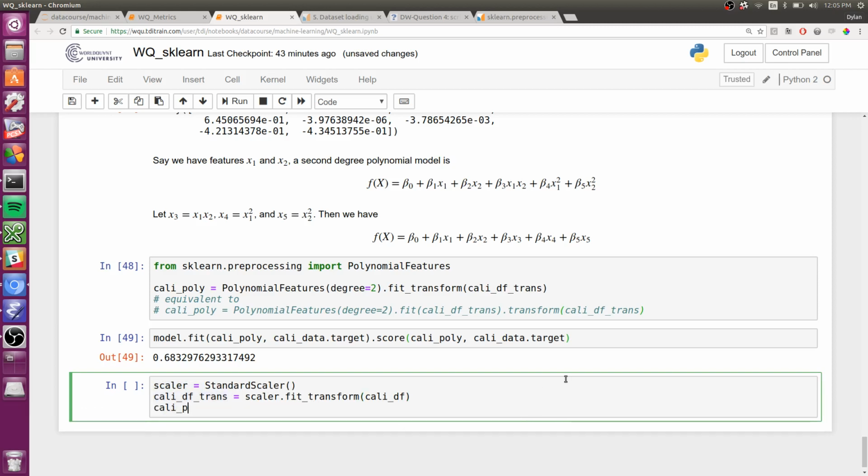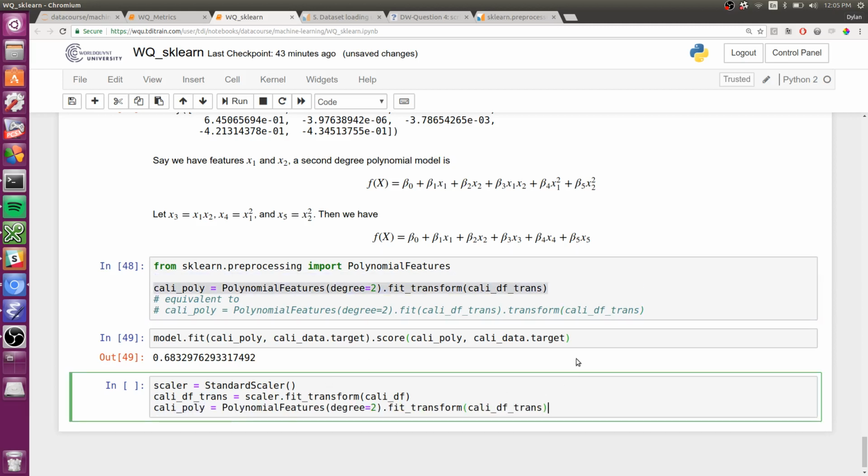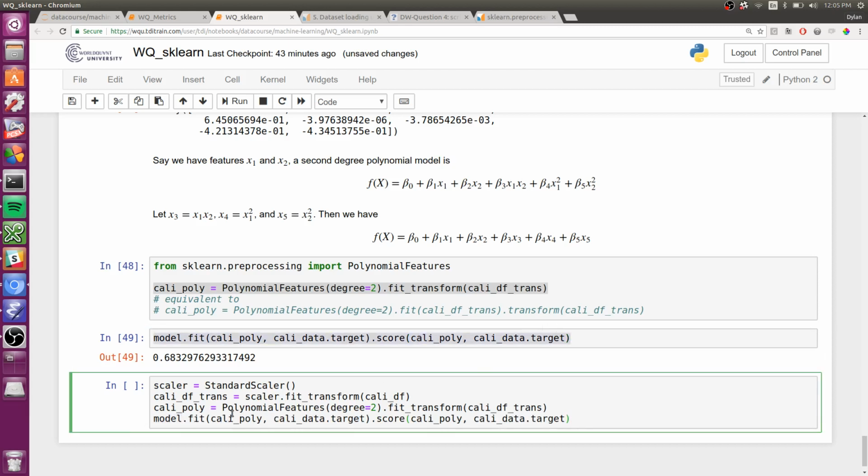And then we made this Cali poly data frame. And then finally, we fit what we call the model to Cali poly. But this is a lot of intermediate data structures. You know, we started off with Cali DF, and then we made Cali DF trans, and then Cali poly. And secondly, even though this is the estimator, it's not really the whole story about what's in our model.